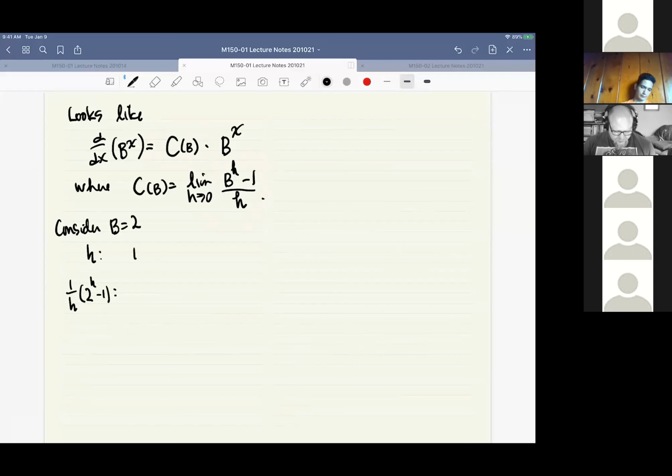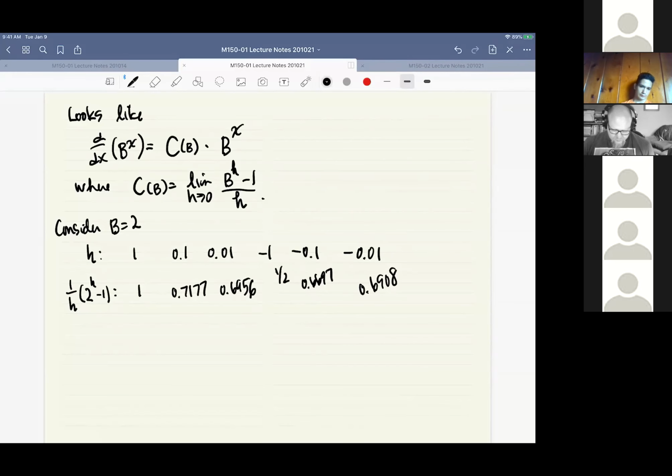If I choose h equals 1, 0.1, 0.01, and negative 1, negative 0.1, negative 0.01, you throw these into a machine and you get the numbers 1, 0.7177, 0.6956. And then at negative 1, you get 1/2, and then you get 0.6697, 0.6908.